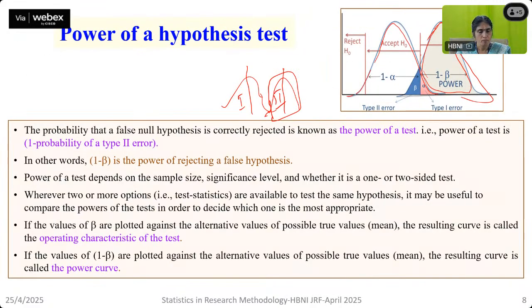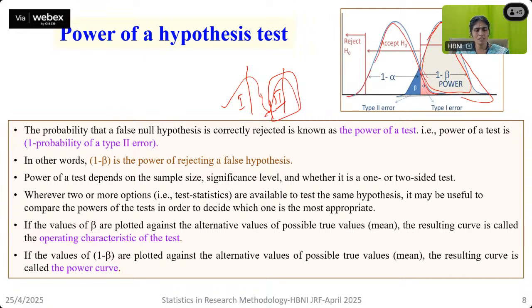If the beta values are plotted against the mean value and the difference between the true value, these curves are called operating characteristic of the test. So these are the terminologies used to evaluate whether my statistic is proper or not.